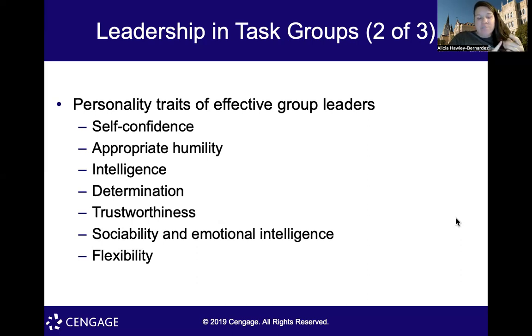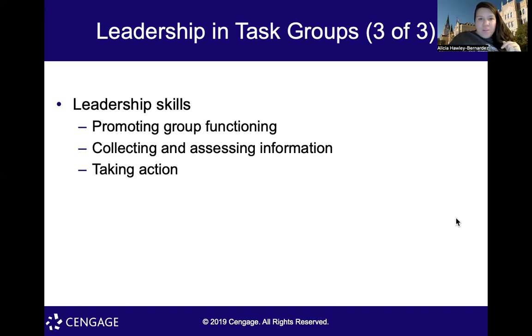Also intelligence, determination, trustworthiness, sociability, social and emotional intelligence, and flexibility. Then some different leadership skills: promotion of the group, collecting and assessing information, and taking action as well.